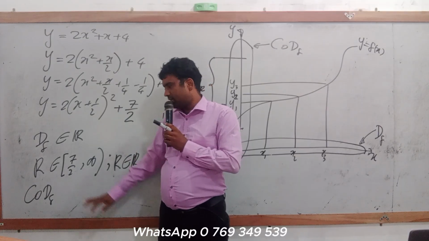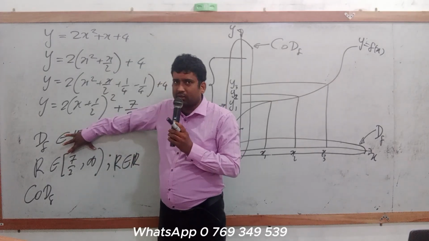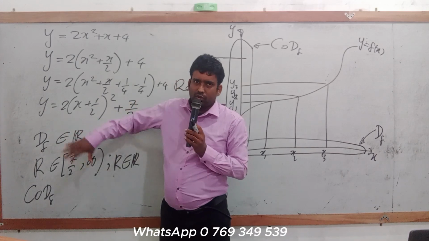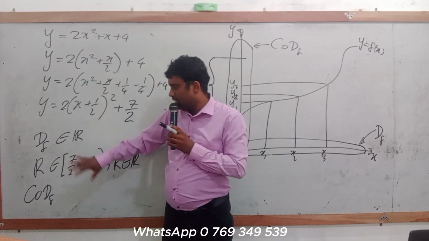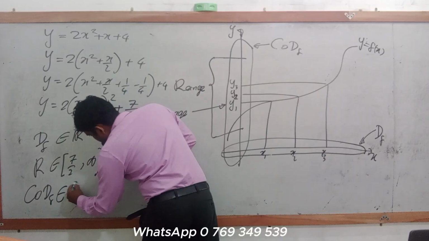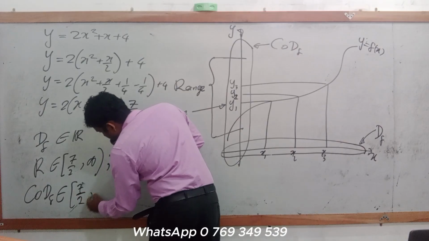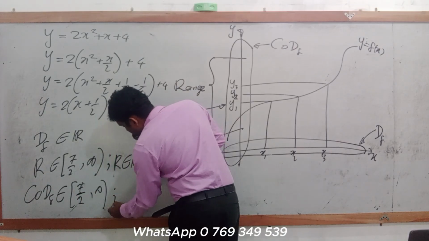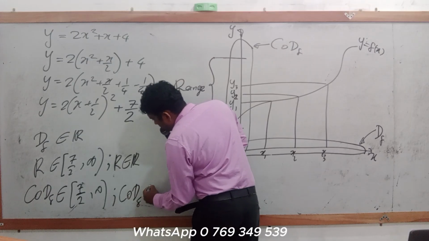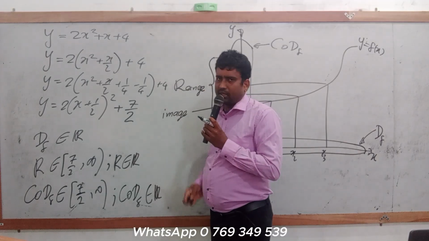The codomain should be more than or equal to this one. Minimum is this one, maximum is R. You can use either. The range is 7 over 2 to infinity, and the codomain belongs to R. These are the answers.